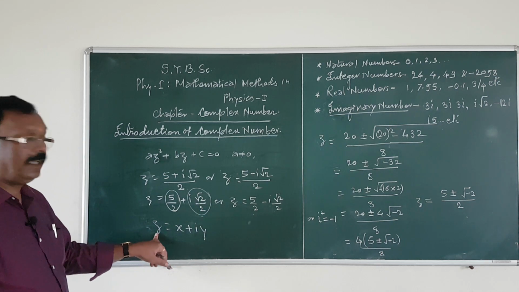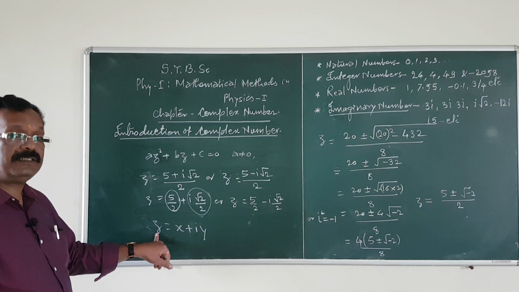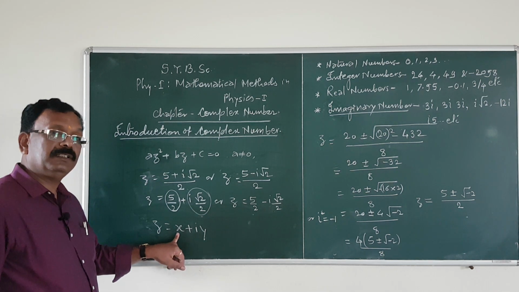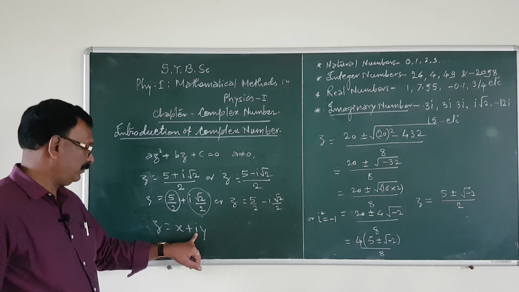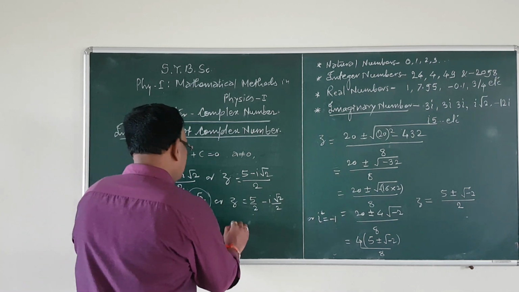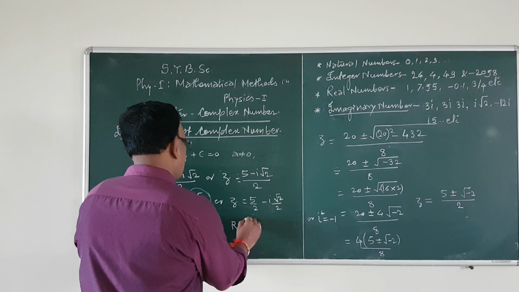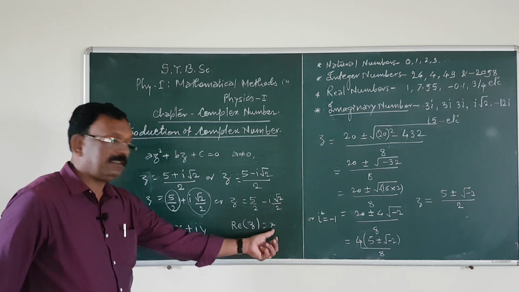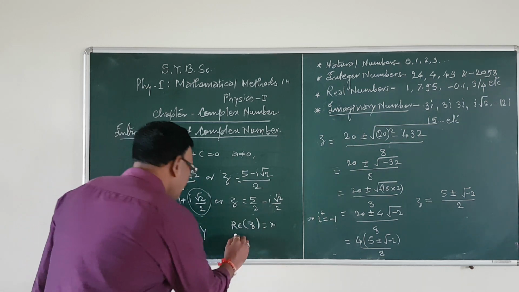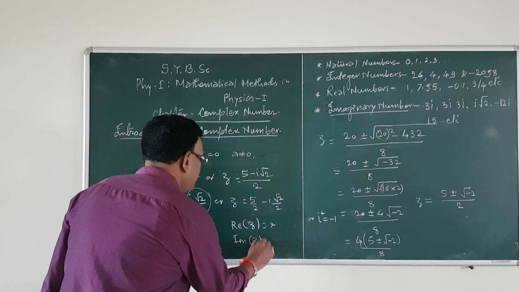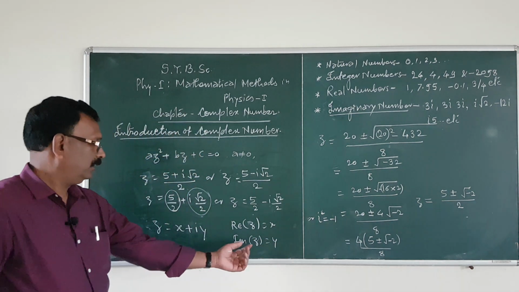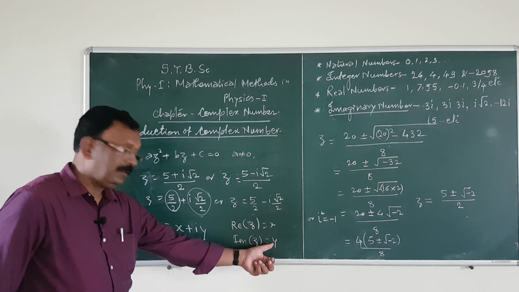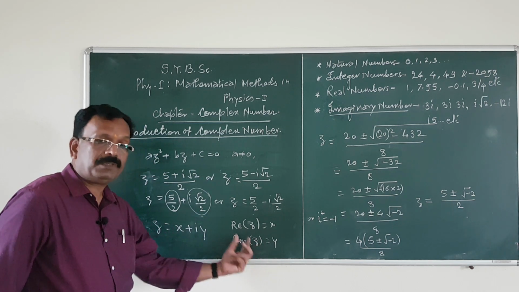Therefore, a complex number is defined as the combination of a real number and an imaginary number. Here x can be expressed as Re z is equal to x, meaning x is the real part of this complex number, and Im of z is equal to y, meaning y is the imaginary part of the complex number z.